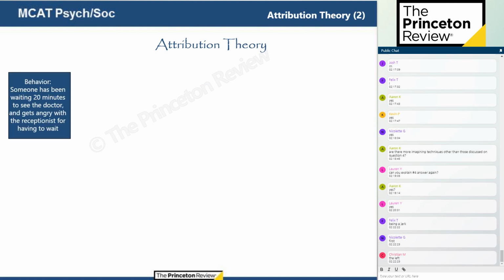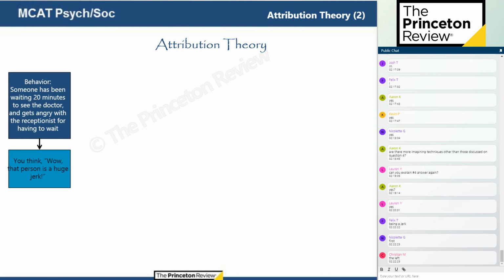All right. So along with these different ways we attribute, attribution also leads to certain biases. So here's the deal. You're in a doctor's waiting room, you've noticed that somebody's been waiting 20 minutes to see the doctor, and now they're getting angry with the receptionist because they've had to wait.